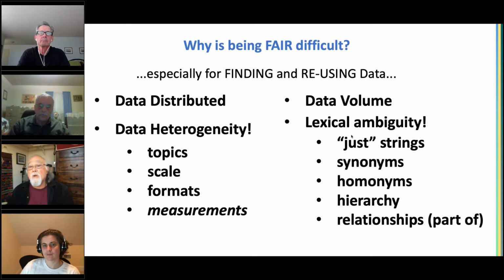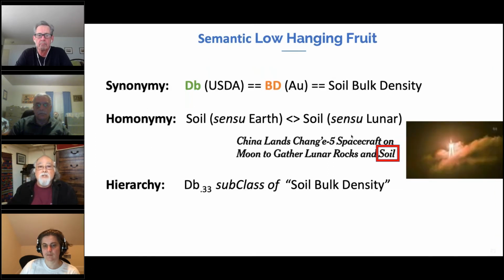And Dave was showing some of the natural hierarchies that he was seeing in these descriptions of bulk density. And then you also have this notion of relationships, which is how something is related to another thing, like, for instance, how hydraulic conductivity might be related to bulk density. These are the challenges. But luckily, there are some semantic low-hanging fruit.